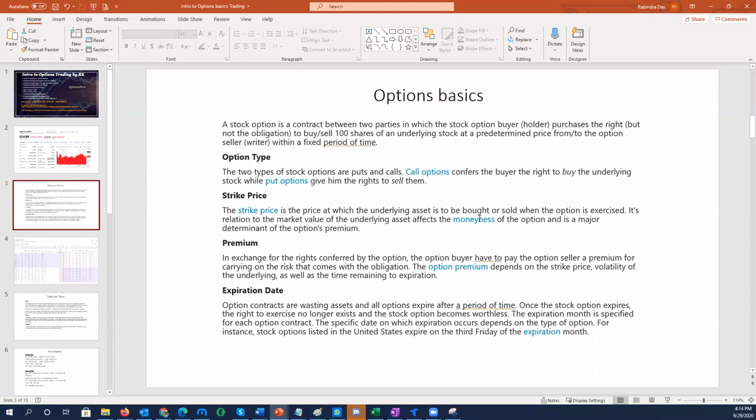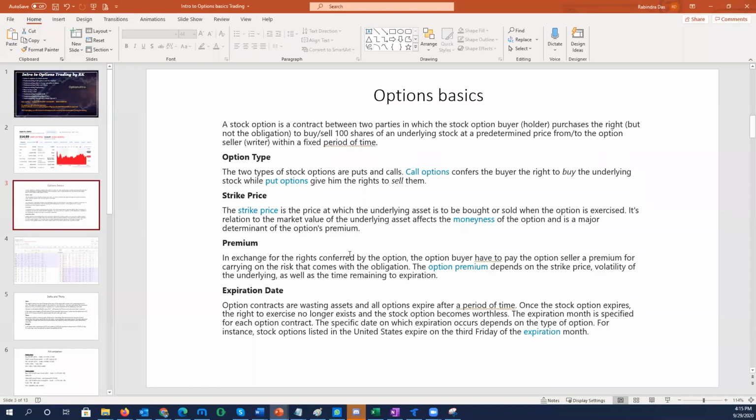So you bet on something you expect. Basically the strike price is the price at which the underlying asset is to be bought. The strike price is defined by the options authority, basically OIC, whoever controls the options. They define the strike prices for the particular stock. Okay, so we'll see how the strike price looks for each stock.